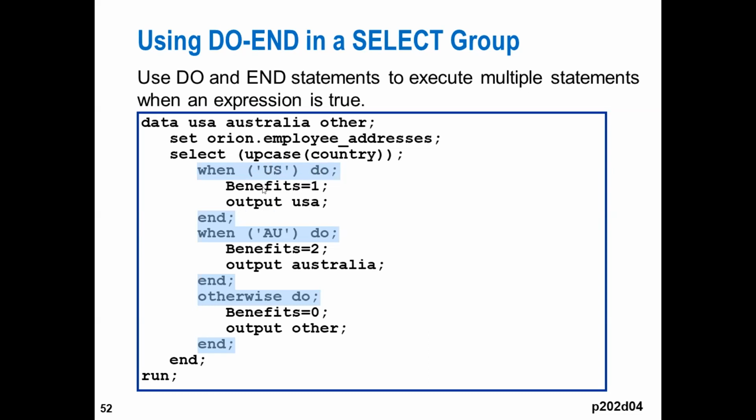So for every do there is an end. Otherwise do benefit 0, output other, end. This end is for this do, and this end is for your select. Okay. So use do and end statements to execute multiple statements when an expression is true.